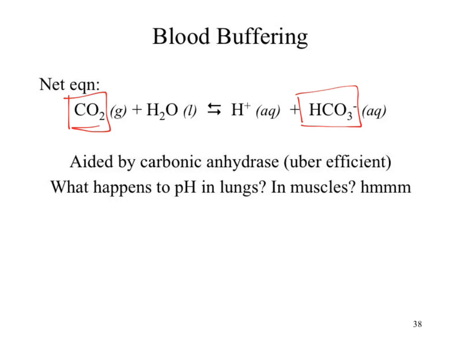Okay. What do we want to have happen in our muscles? Well, in our muscles, we need to get the CO2 to our lungs so it can be expelled, so we might expect the opposite. Is that true? No, it's backwards. Interesting. If you didn't know that already, think about when you work out. When you've gone running for a really long time, you feel fatigue. What happens to your muscles?